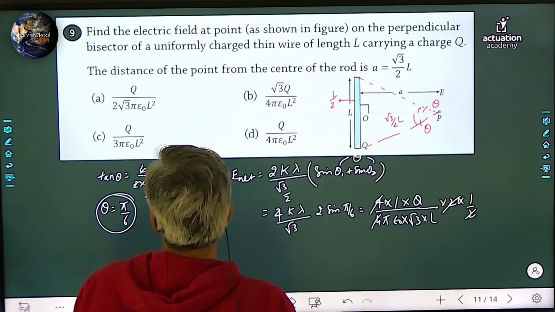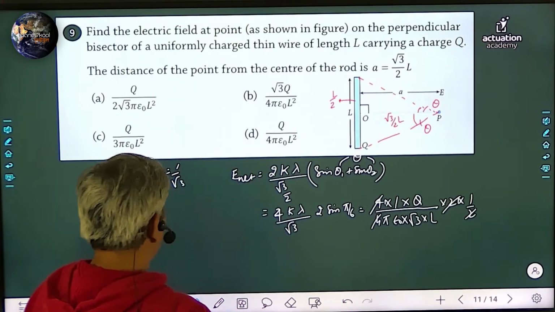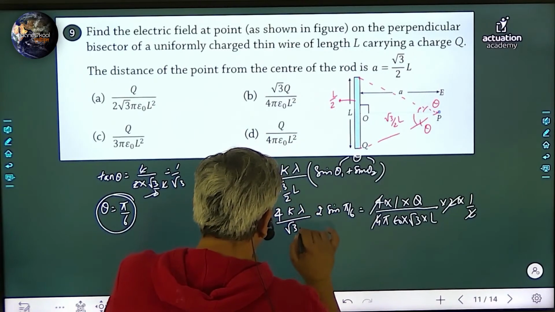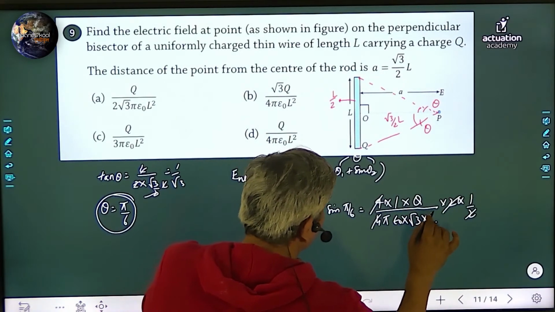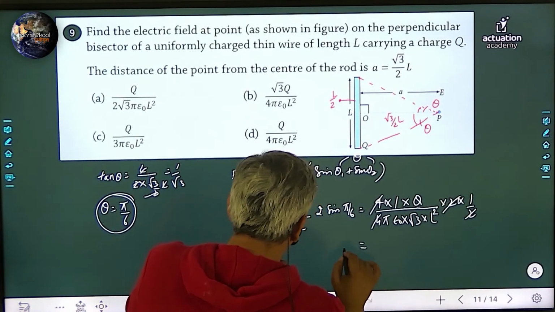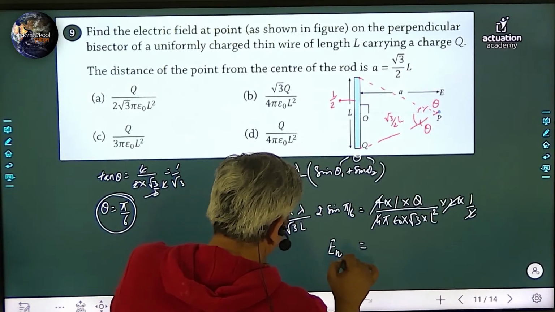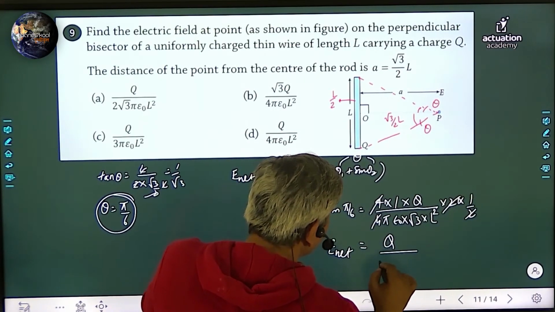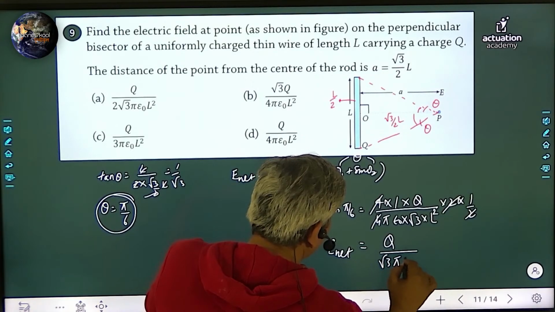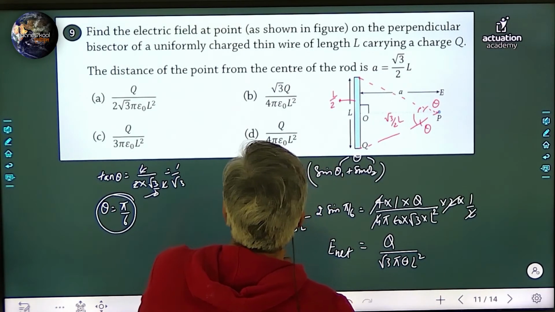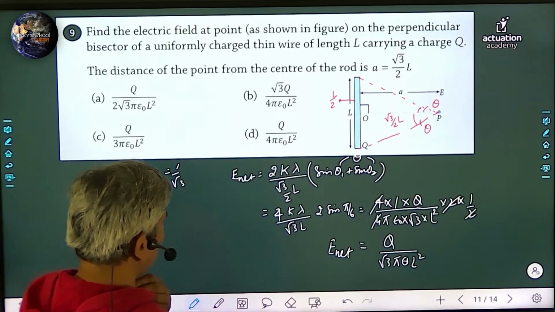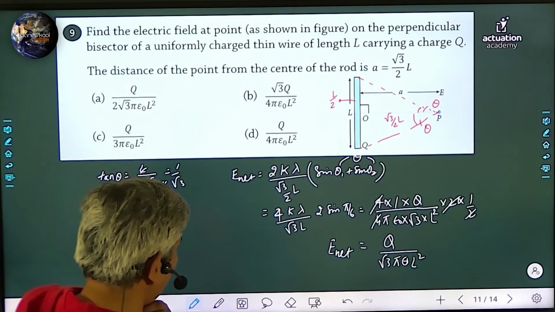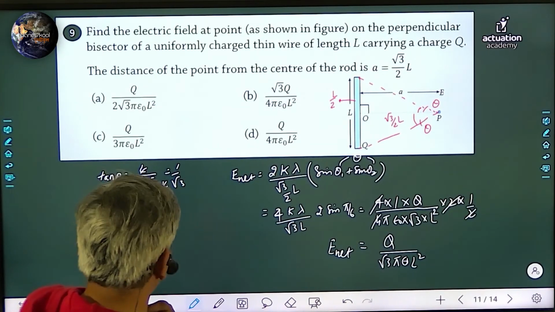So this will become root 3 by 2L dL, and q by L will become L square. So this E net can be written as q over root 3 pi epsilon naught L square.